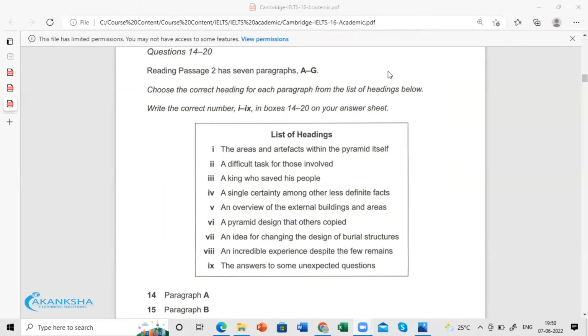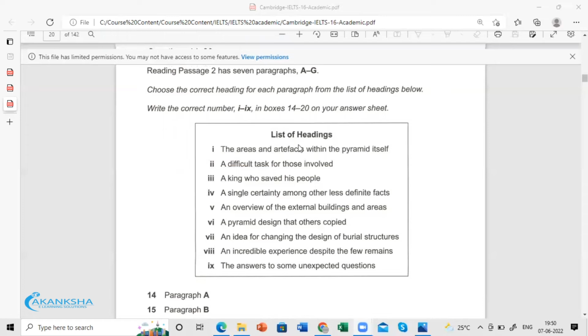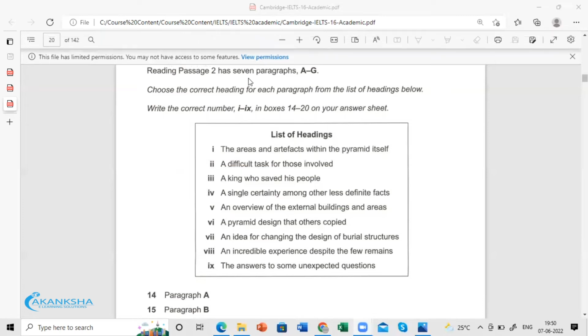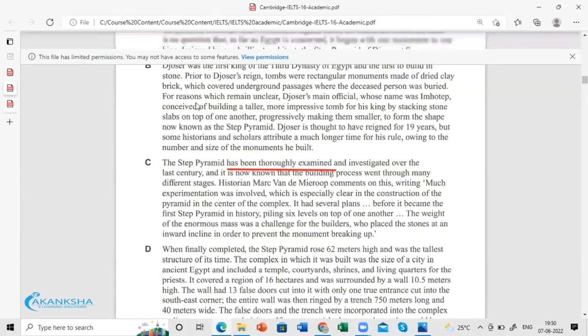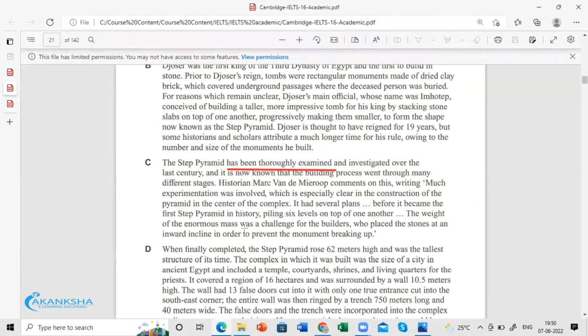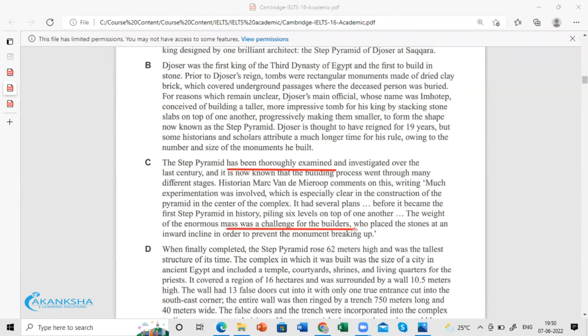Well, so now out of these statements here, which one? The areas and artifacts within the pyramid itself. They are not talking about that. Difficult task for those involved. Yes, of course, because it was difficult. This line confirms that it was a challenge for the builders.